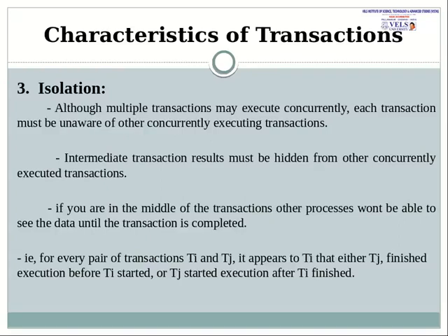If you are in the middle of a transaction, other processes won't be able to get the data until the first transaction is completed. For example, for every pair of transactions Ti and Tj, it appears to Ti that either Tj finished execution before Ti started, or Tj started after Ti finished. So this is the concept of isolation.